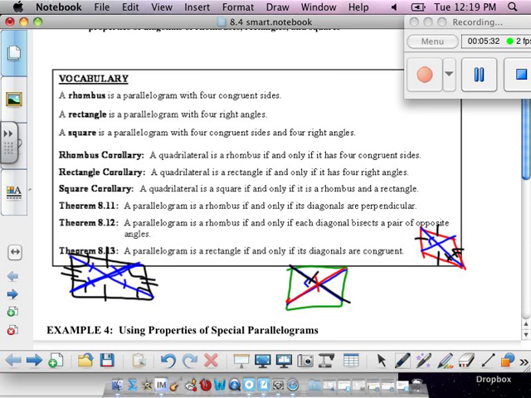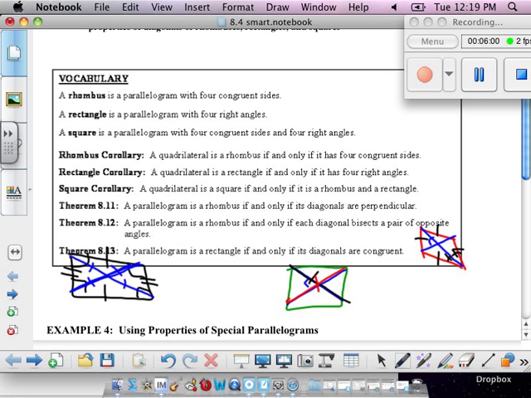Sabrina is going to do 8.12. And I'm going to give 8.13 to Justin. Good vocab words. Okay. Let's move on.